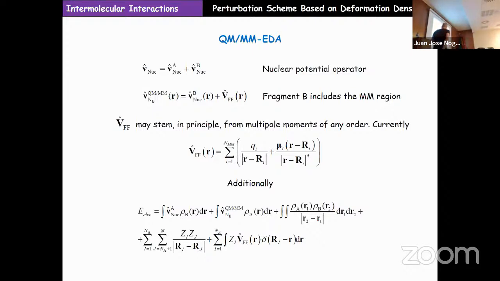Many. We included it in the nuclear potential, and now this nuclear potential is included in all the terms: in the electrostatic energy, in the induction energy, in dispersion, all the terms. So it's quite simple to do.